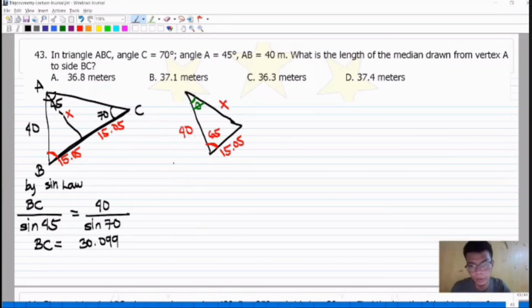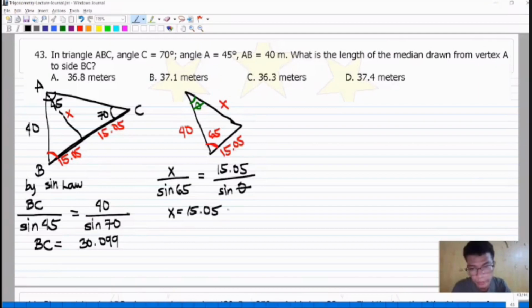So, by sine law ulit, x over sine 65 is equal to 15.05 over sine theta, the opposite angle of 15.05. Solving for x, that will become 15.05 sine 65 over sine theta.